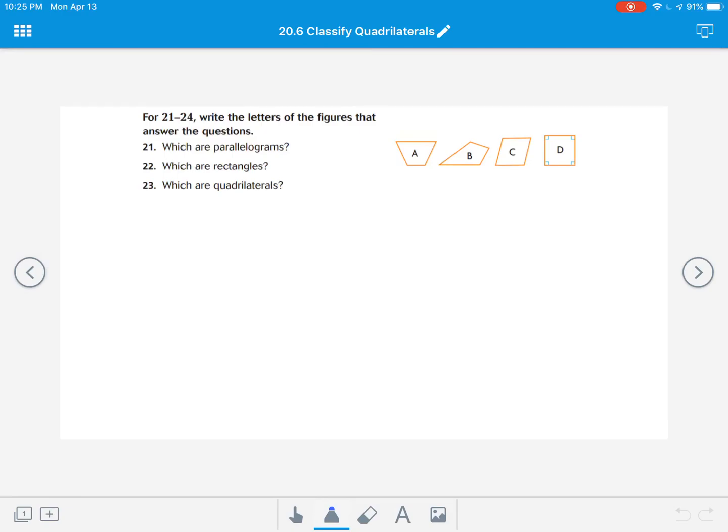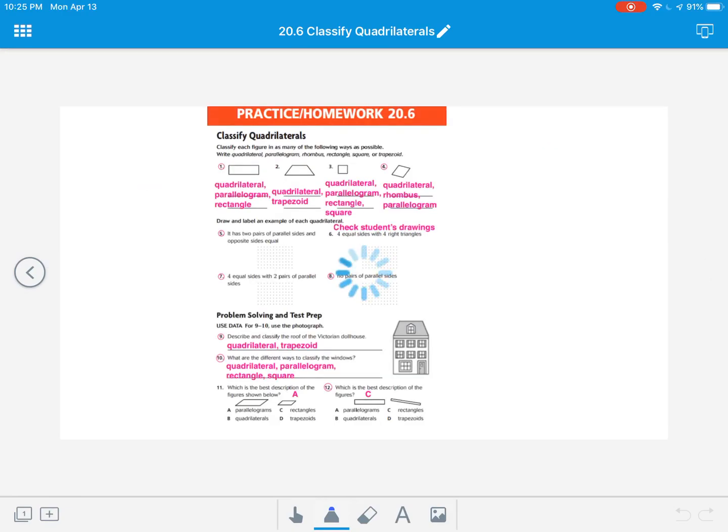All right, my friends. So we are going to move on to your practice work. For today's practice work, you're going to solve 20.6 PW. You're going to solve the whole page. I'd like you to have your vocabulary out with you, checking that you are naming all of the possibilities for each figure.